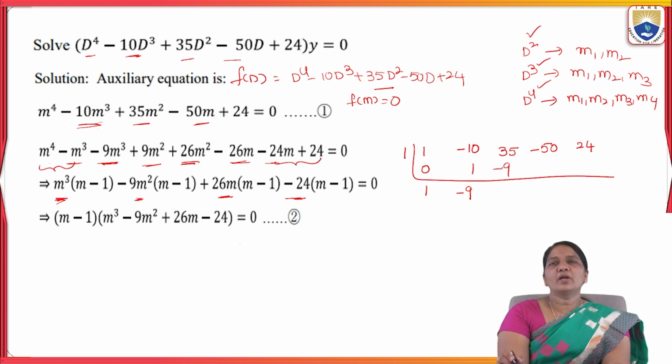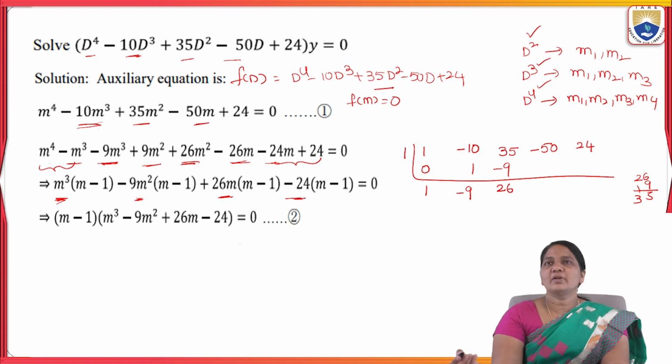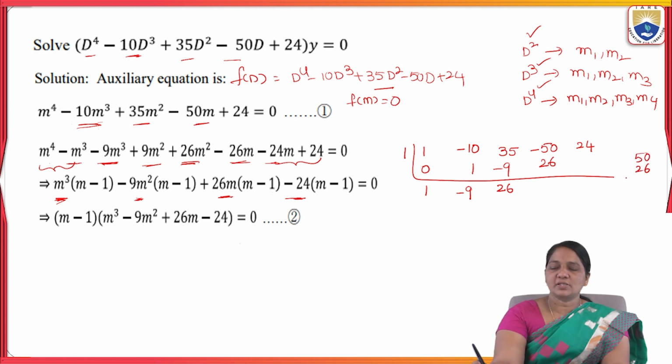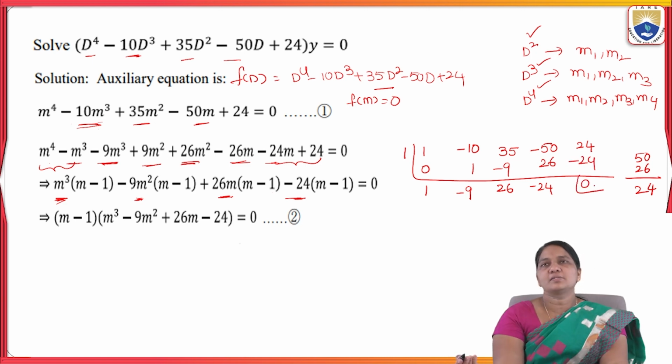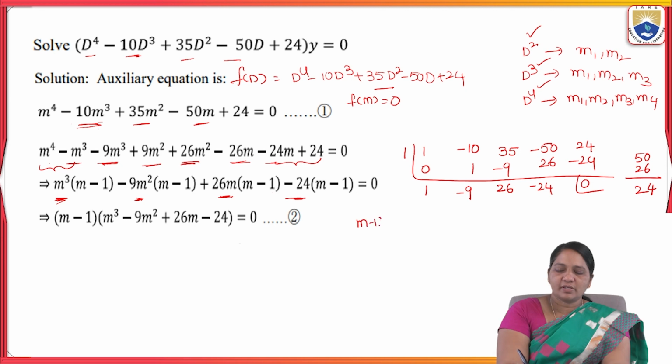So 35 minus 9 is 26. 1 into 26 is 26. So minus 50 plus 26 is minus 24. 1 into minus 24 is minus 24. This is 0. So m minus 1.